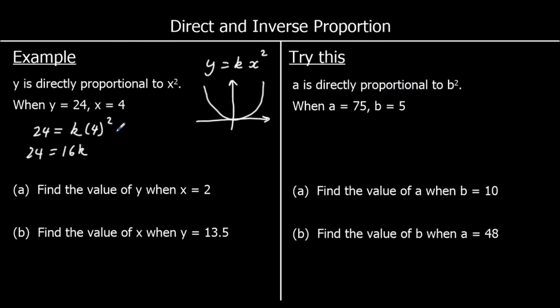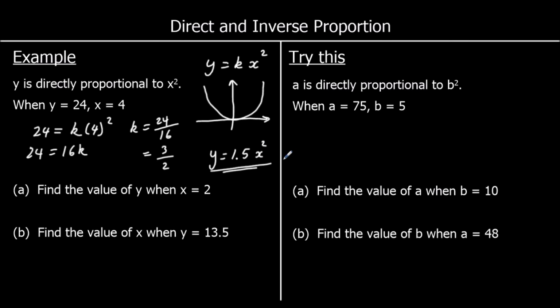If we divide both sides by 16, we find that k is 24 over 16. Or simplifying this, they're both in the 8 times table. So it's 3 over 2 or 1.5. So the relationship is y equals 3 over 2 or 1.5 times x squared.